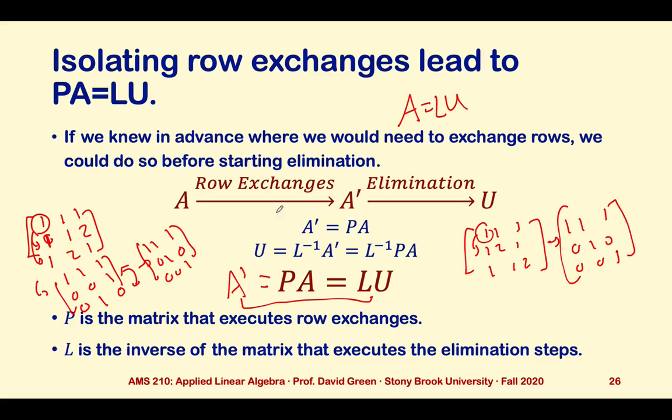P is the permutation matrix. L is a lower triangular matrix with ones on the diagonal that represents the process of Gaussian elimination, actually taken backwards. And U is the echelon form that we get after Gaussian elimination on our starting matrix A.